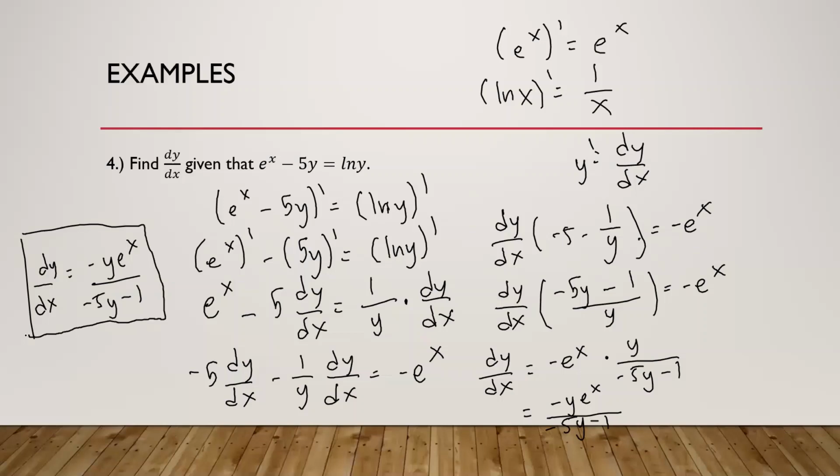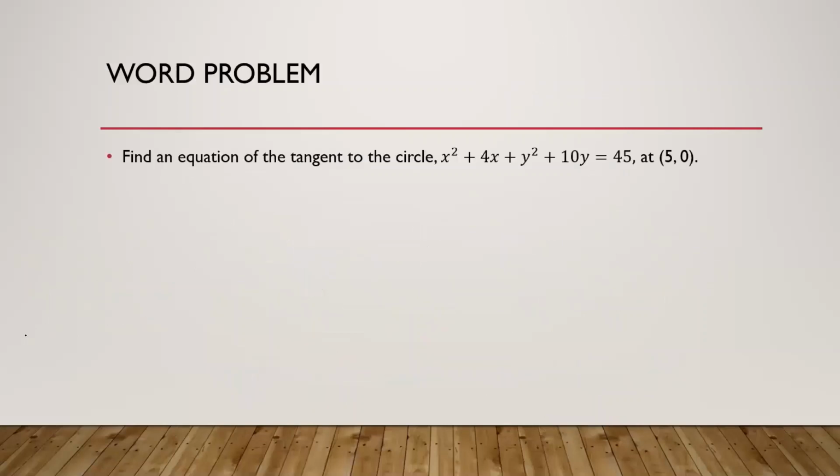Okay? So, now we're going to apply this differentiation with the word problem. So, find an equation of the tangent to the circle x squared plus 4x plus y squared plus 10y equals 45. So, what we are going to do here is to apply the concept of implicit differentiation. So, we know what to do already here.